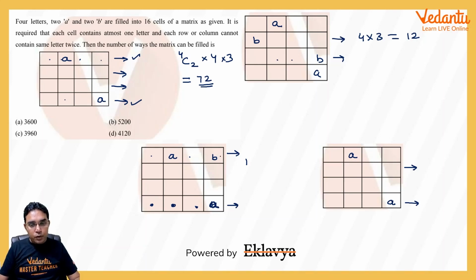So after putting B in this place, which is directly above this A, I have 3 choices to fill the other B. But if my B was not here, if it was here or maybe here, then we will not be able to place B here, because A is already there. So in that case, I will have 2 choices only. So if my B is at this or this place, which is done in 2 ways, then we will have only 2 ways for the second B.